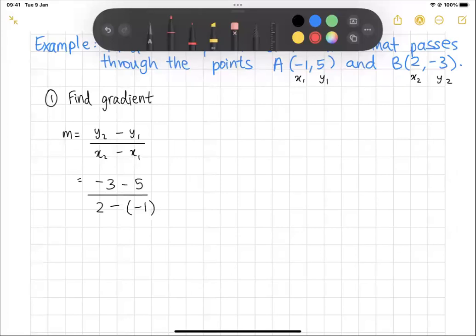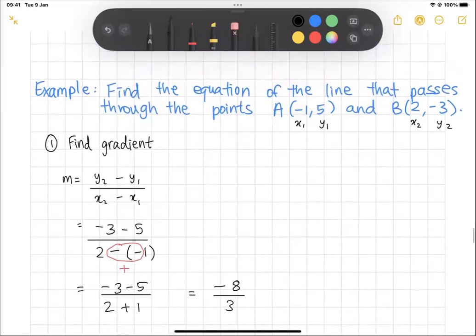Then I notice that these 2 symbols here, a minus and a minus, are the exact same sign, so I'm going to turn that into a plus. Then I'm going to rewrite it so that it makes it clearer for me. You can put this into the calculator. -3 minus 5 should give me -8, all over 2 plus 1, 3. So my gradient would be -8 over 3.